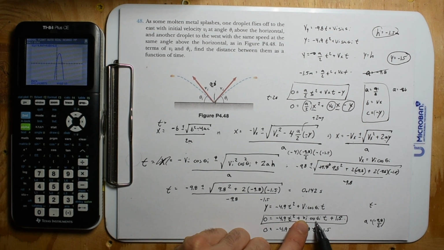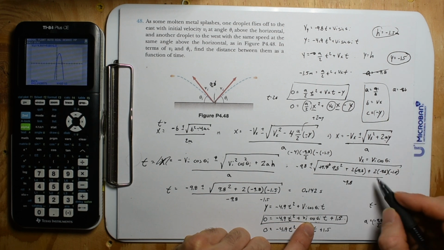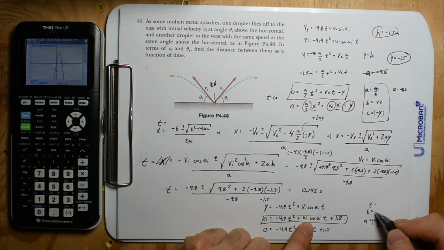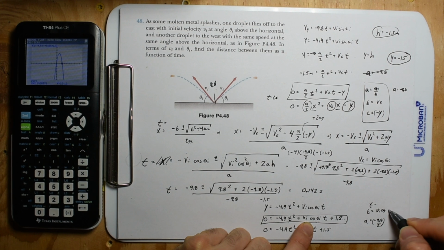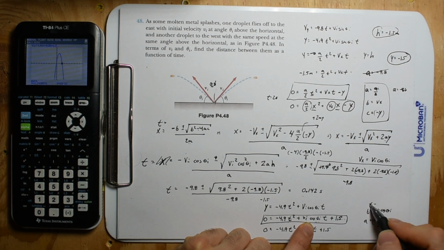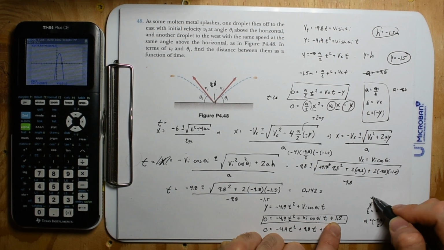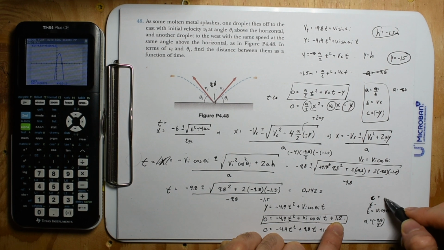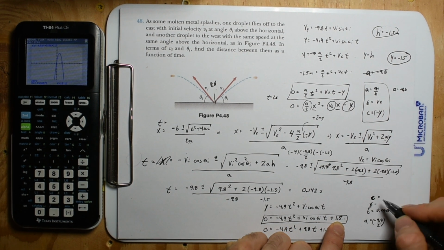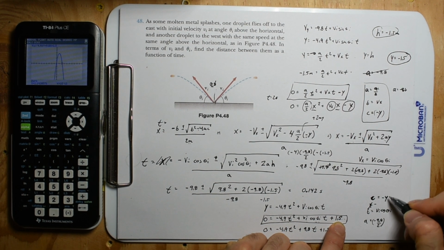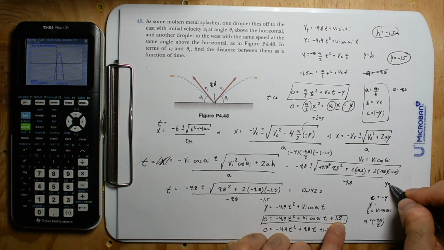This is going to be v initial cosine theta, which is Vx, and that's going to be positive. So B is v initial cosine theta initial. And our C term is negative y.